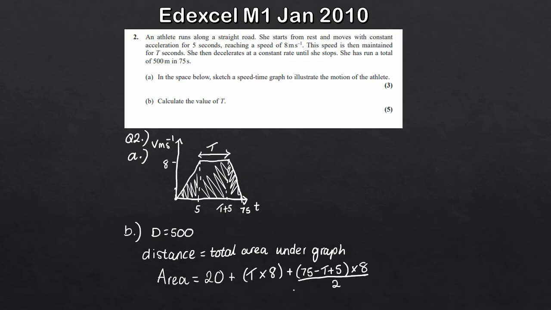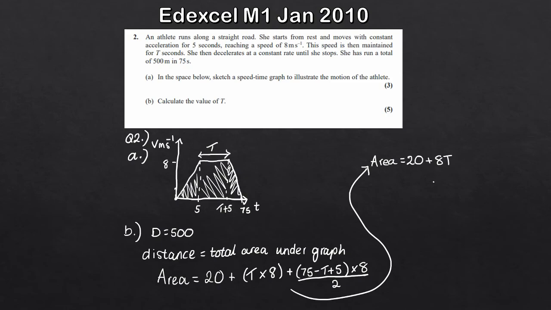Now all we need to do is simplify and work this area out. So the area is 20, plus t times 8, so 8t, and then over here, 75 minus t plus 5. Sorry, this should be 75 minus t minus 5, if you're subtracting the full thing off.